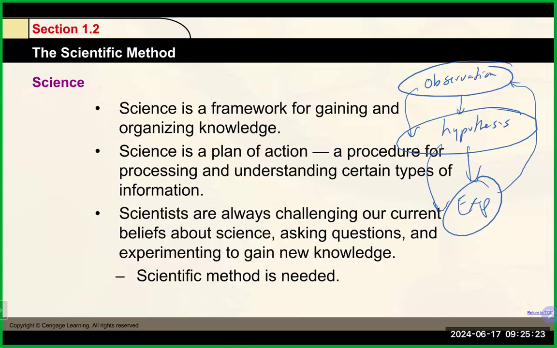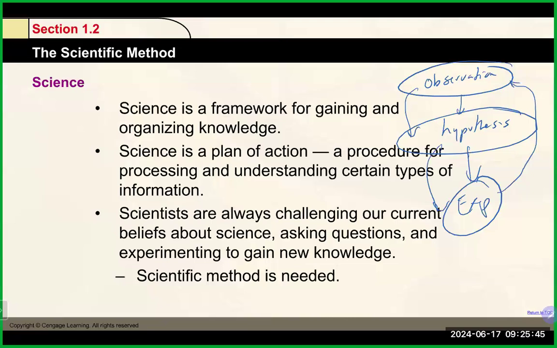So the scientific method is really all about coming up with a tentative explanation of what you're observing, doing some type of experimentation either to prove or disprove your hypothesis, and then perhaps that leads to more experimentation.